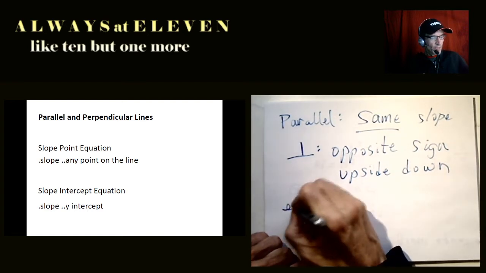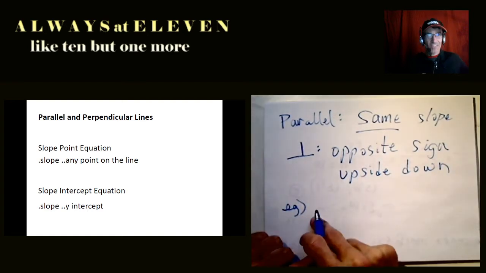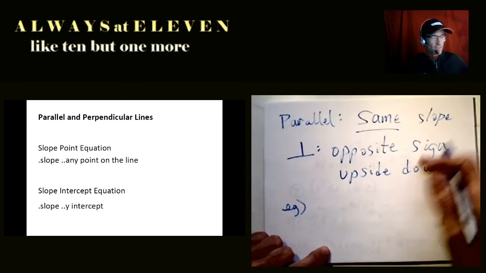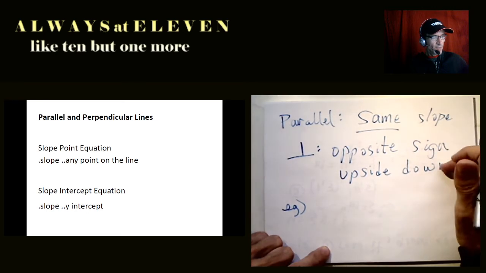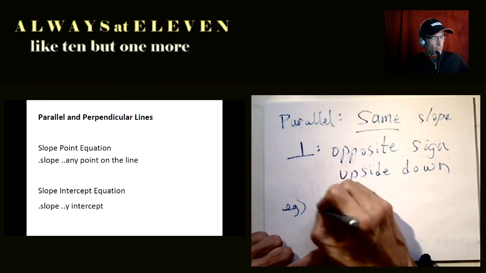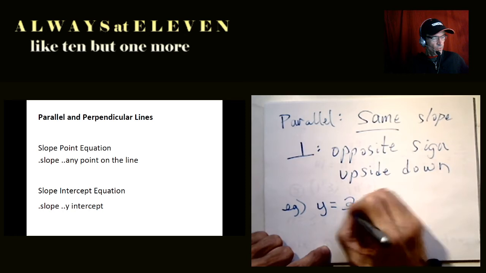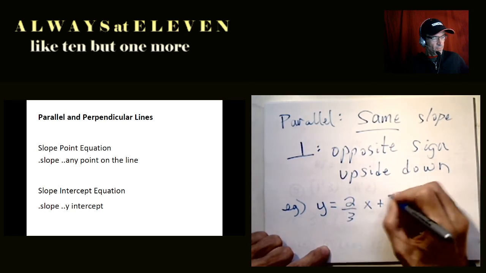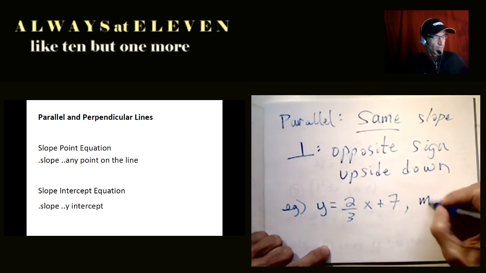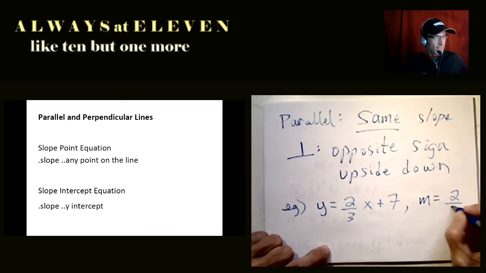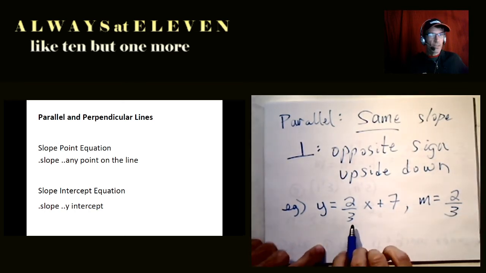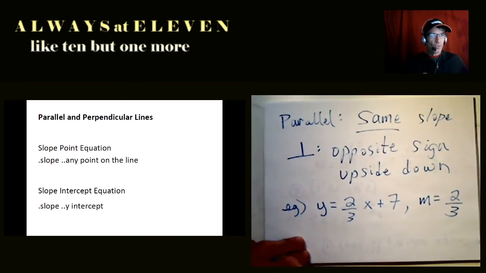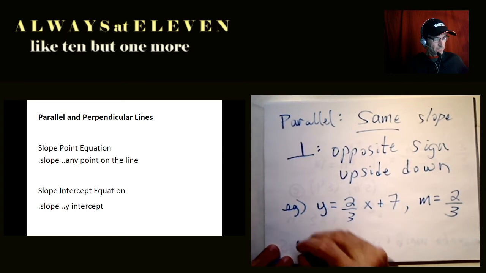So I'll give you an example. Often that's way more valuable than all the words. Okay, so if we have y is equal to 2 over 3x plus 7, we can read the equation and see that the slope is 2 over 3, the number in front of the x.